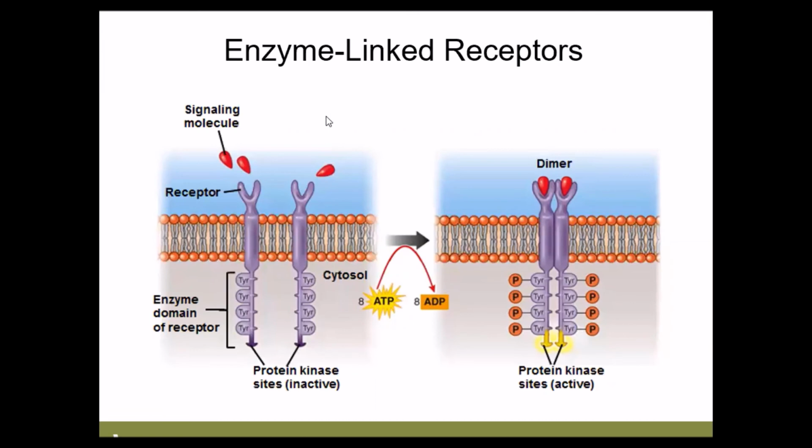This is where it all begins, right? You've got this signaling molecule, your ligand, and it binds to the receptor. It does require energy to complete this, like we said before, and then it will start activating what's called a protein kinase area here and start to change the shape of this protein receptor on the inside of the cell.